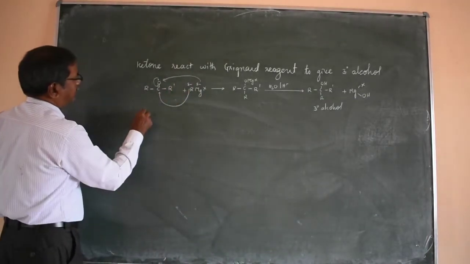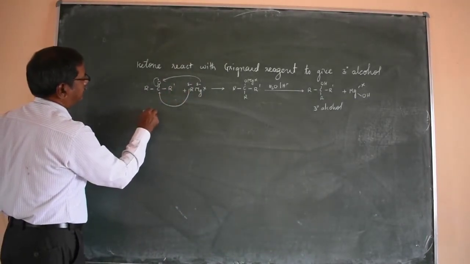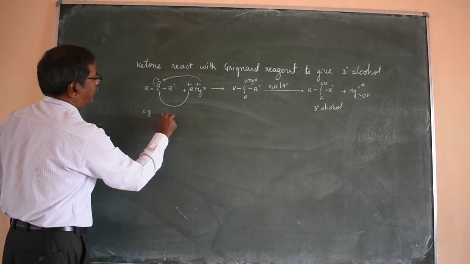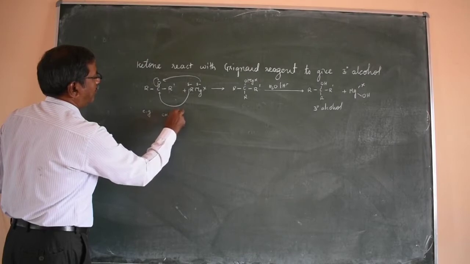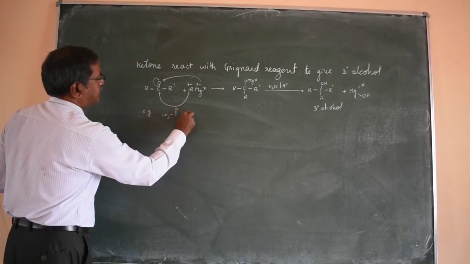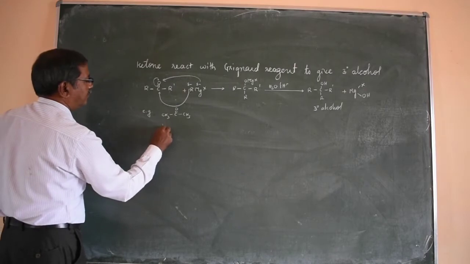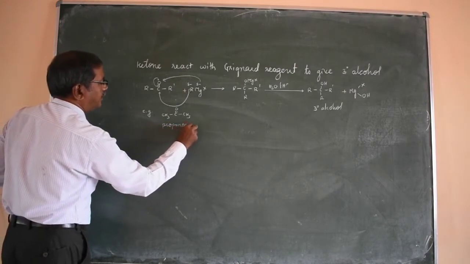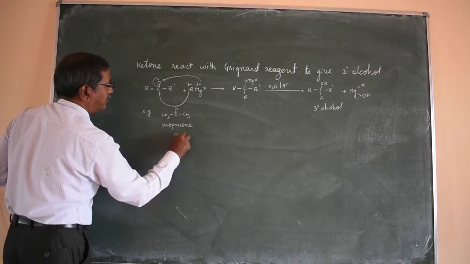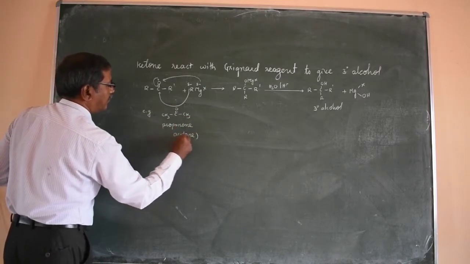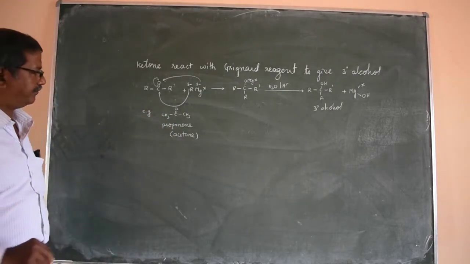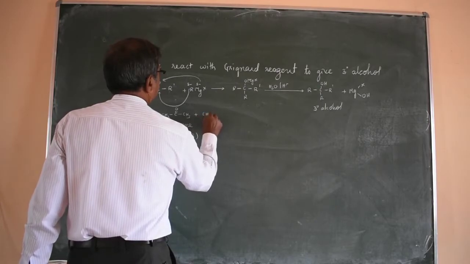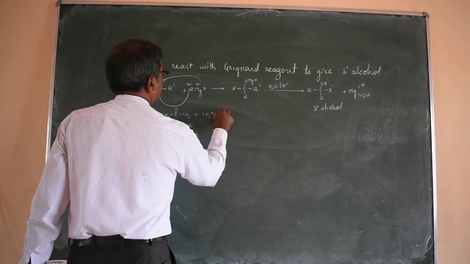The example for the ketone, a simple example, I am writing acetone or propanone, CH3 C double bond O CH3. The common name is acetone. Propanone or acetone plus CH3MgCl.